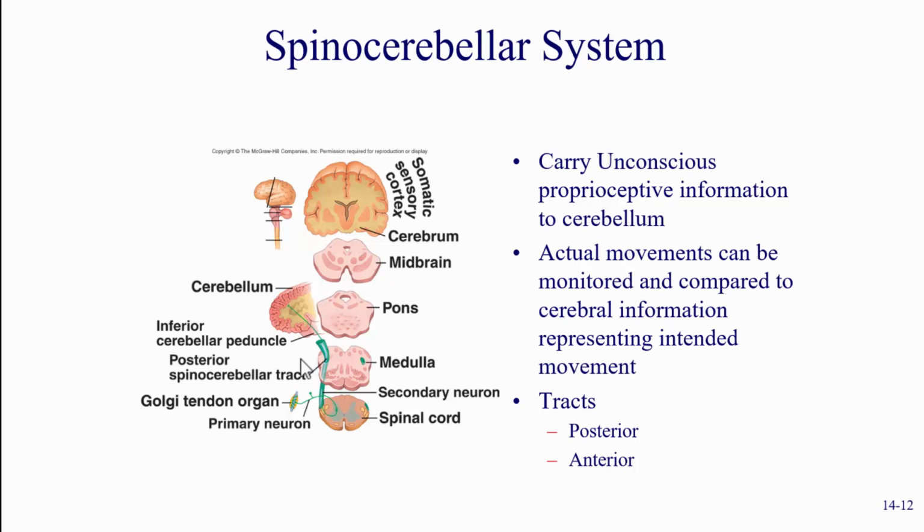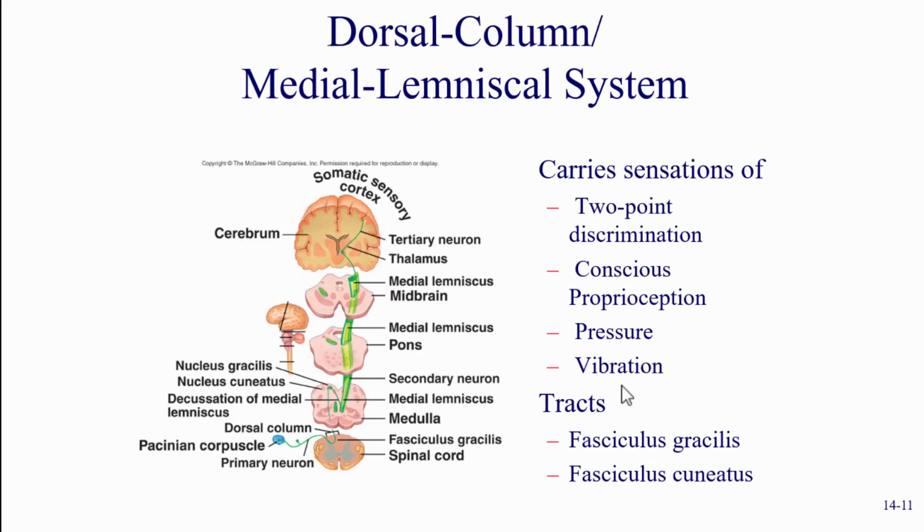So this one is the spinocerebellar. So we know it's going to end at the cerebellum. It's going to carry unconscious proprioceptive information to the cerebellum. And the actual movements can be monitored and compared to cerebral information representing intended movement. And the tracts are posterior and anterior. So let's go back for a second. This one is conscious proprioception.